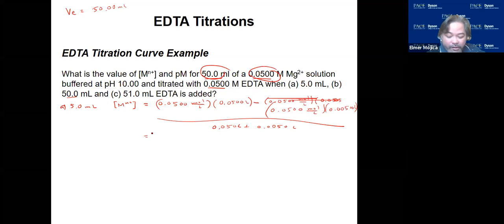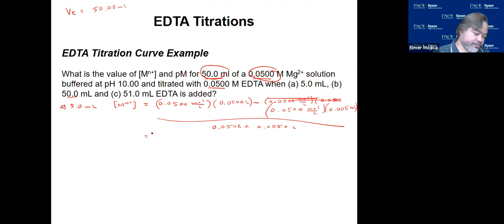So what do you get? Anyone? 0.05 times 0.05 minus 0.05 times 0.005, that is 2.25 times 10 to the negative 3, divided by 0.055. Did you get this?